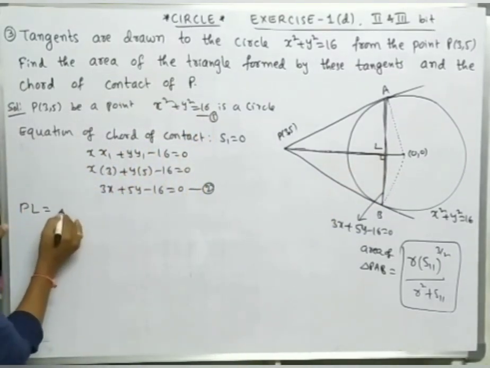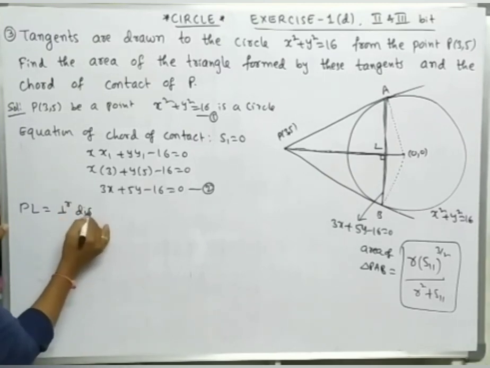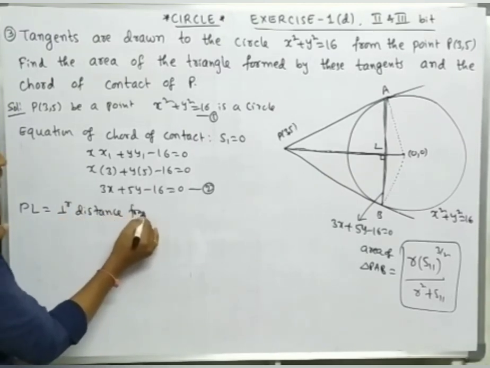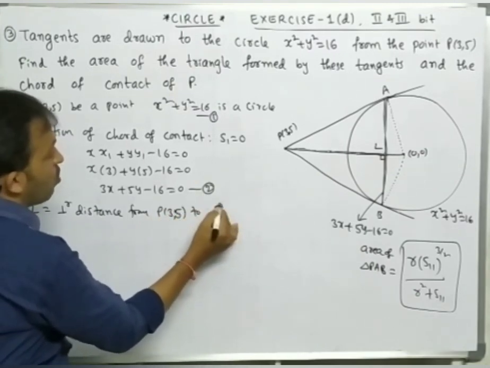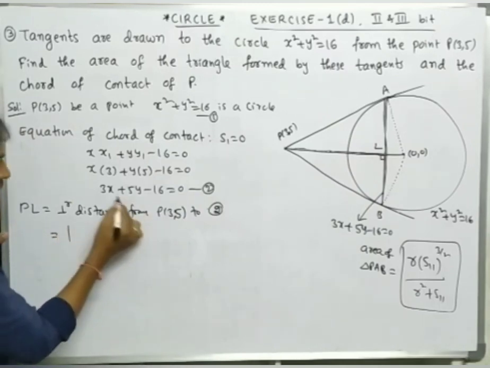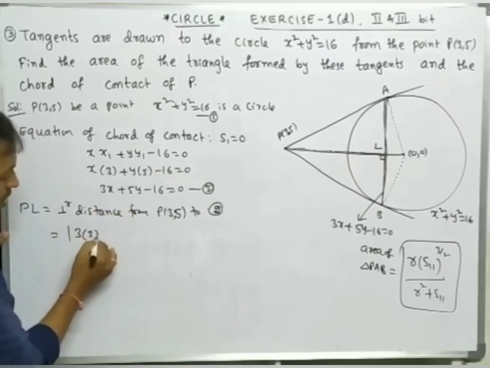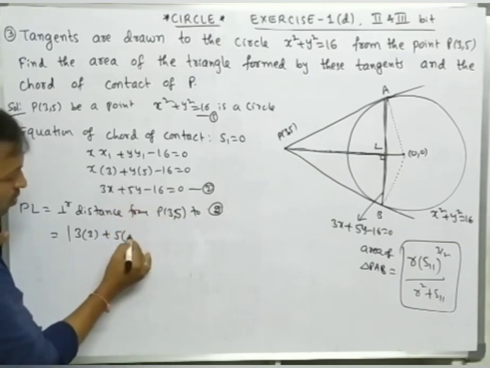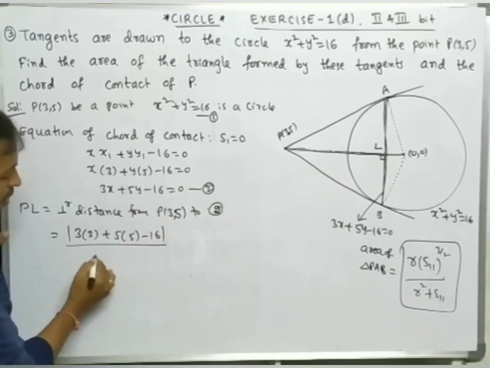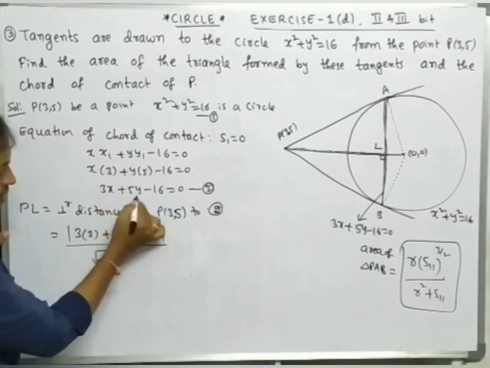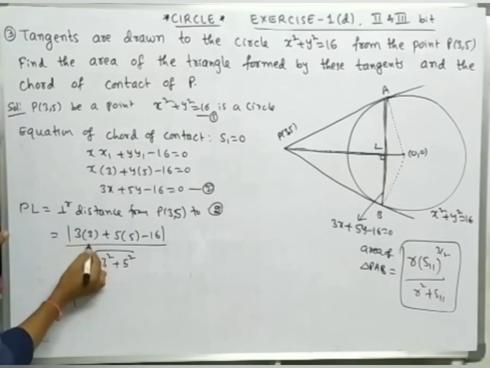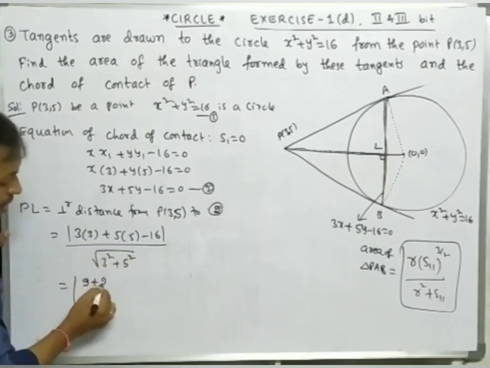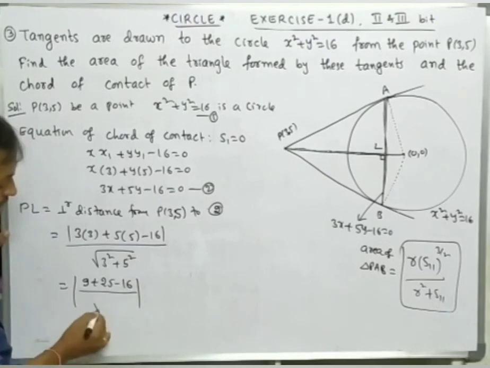PL is equal to the perpendicular distance from (3, 5) to the line, equation number 2. So that means (3 into 3 plus 5 into 5 minus 16) by under root of a square plus b square, that is (ax1 plus by1 plus c) by under root of a square plus b square. 3 threes are 9 plus 25 minus 16 by root of 9 plus 25.